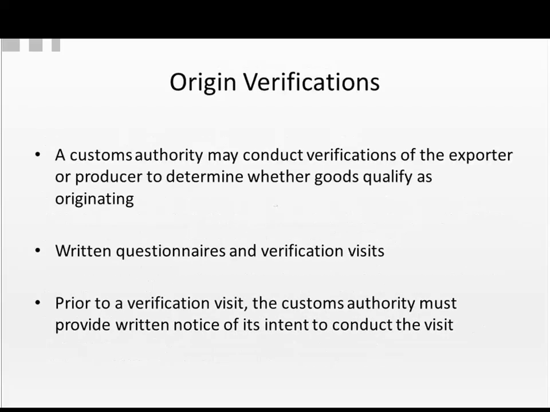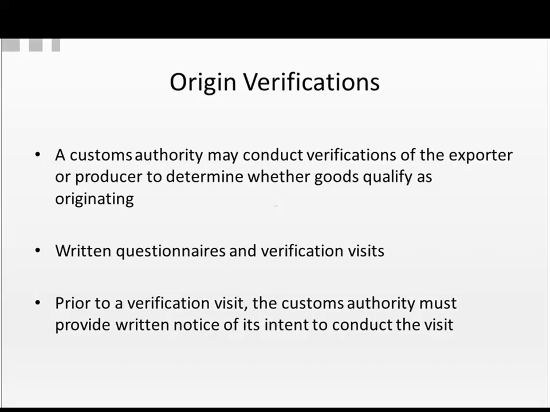Okay, origin verifications. How do the customs authorities verify? A customs authority may conduct verifications of the exporter or producer to determine whether goods qualify as originating, using written questionnaires and verification visits.